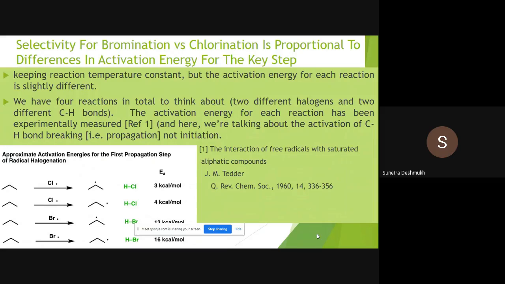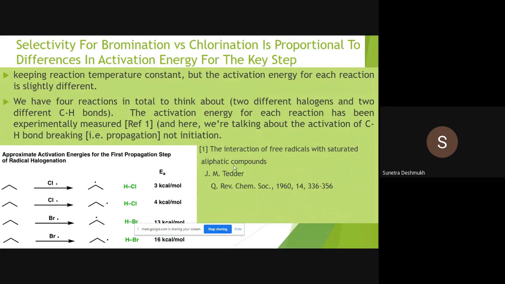The activation energy for each reaction has been experimentally measured, so that we have a reference for the activation energy of CH bond breaking. That is the propagation step, and this is the K step of the reaction, and everything depends on this reaction.